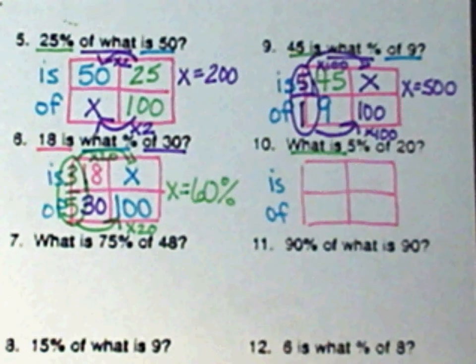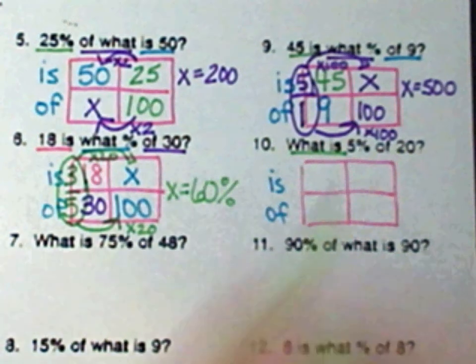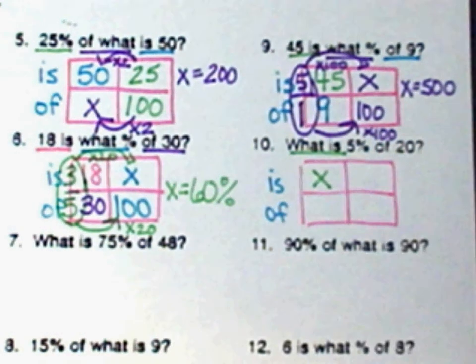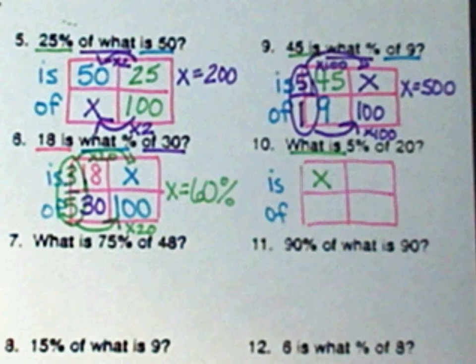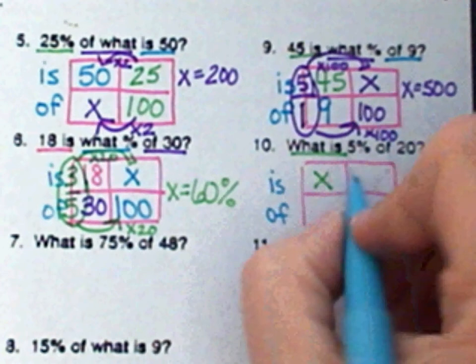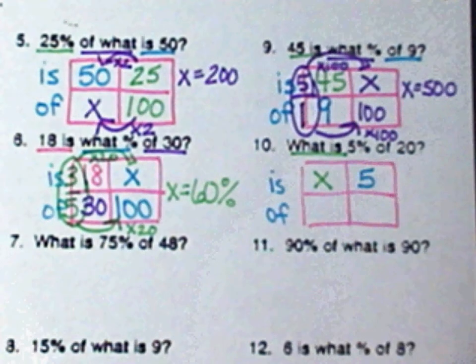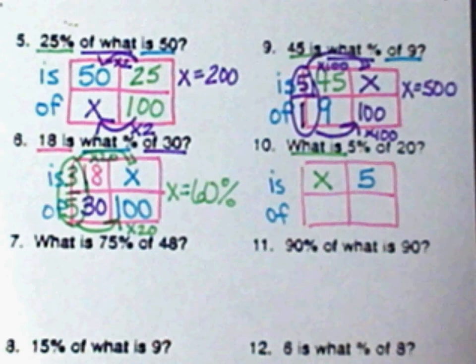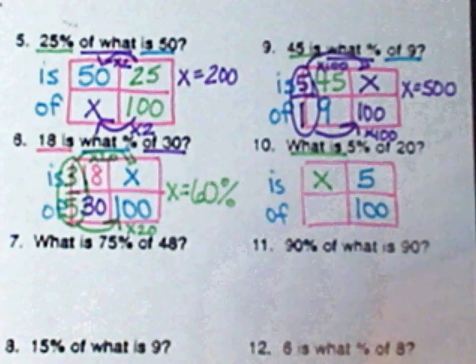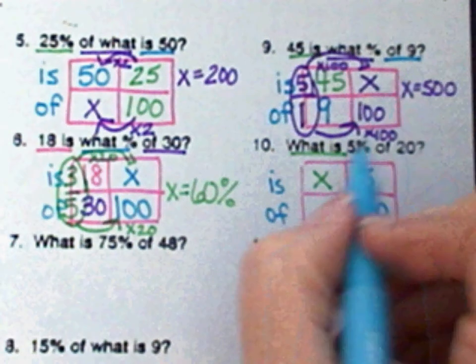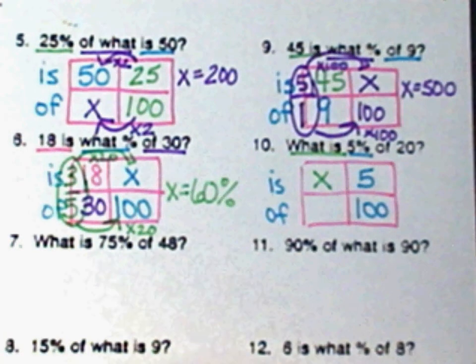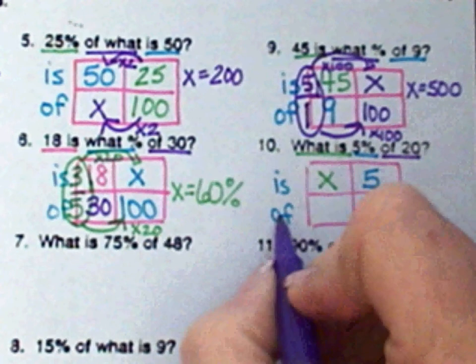18 is, so it's telling us the 18 goes in the is, what percent, meaning we don't know the percent, but what do we know about a percent? It's always out of 100, good, of 30. So of 30, here's of 30.